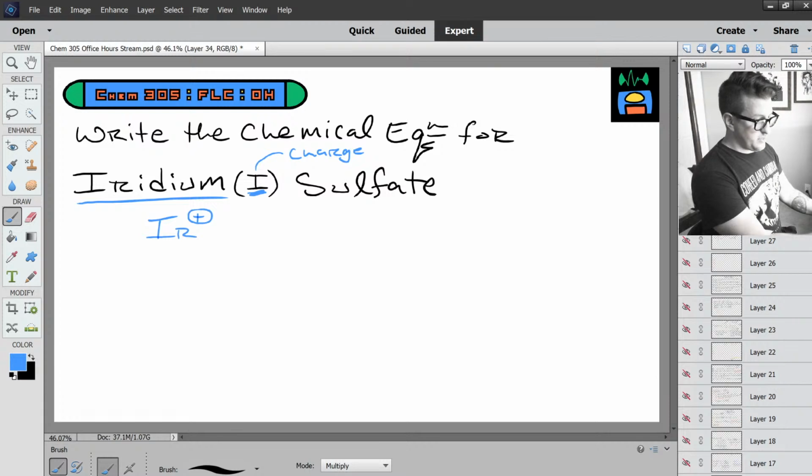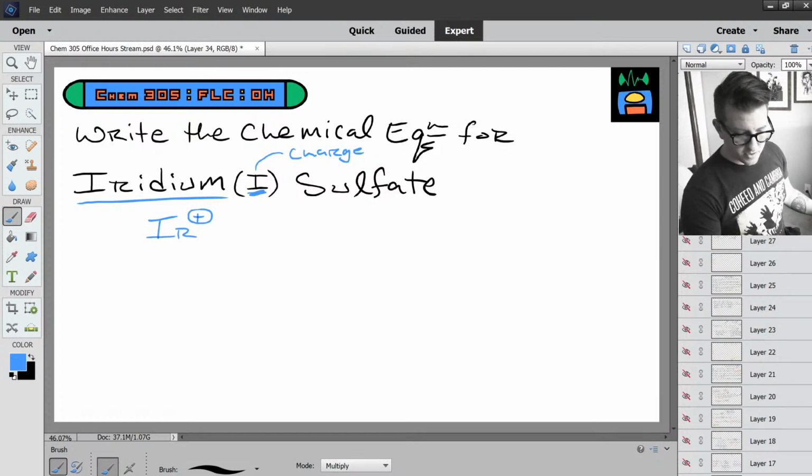They will either say name this compound or write the chemical formula. Oh, sorry, I said chemical equation up here. It should be chemical formula.